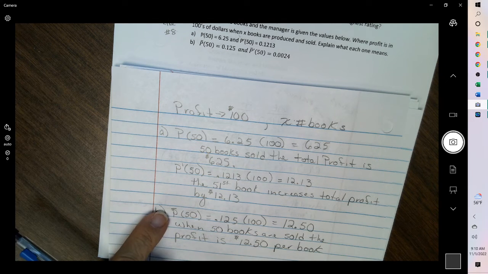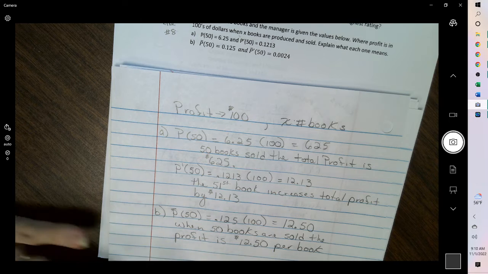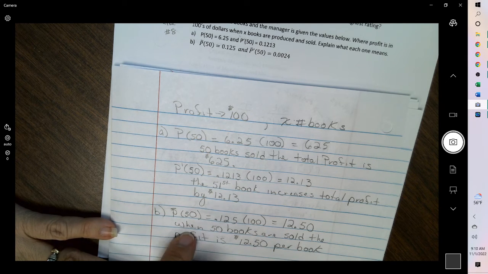So when it has a line over it, that's per item, in this case per book. When 50 books are sold, the profit is $12.50 per book.